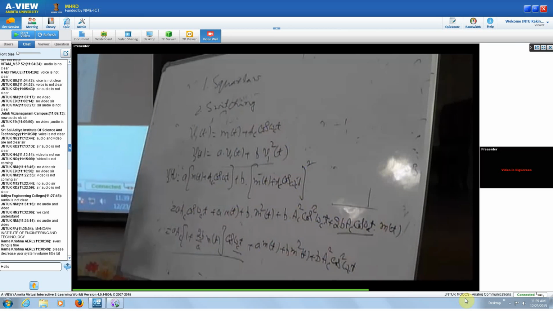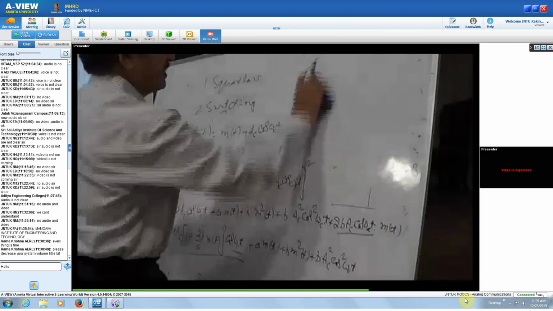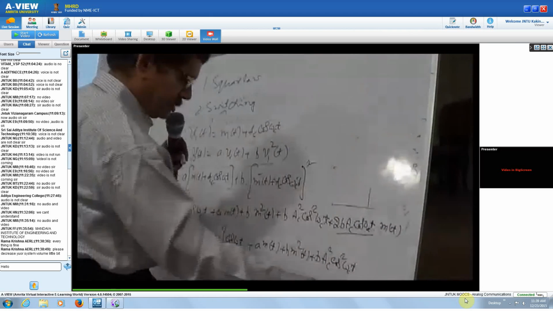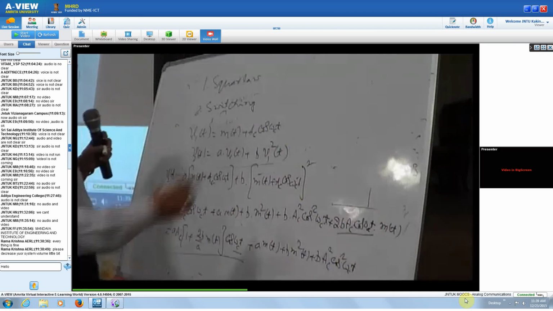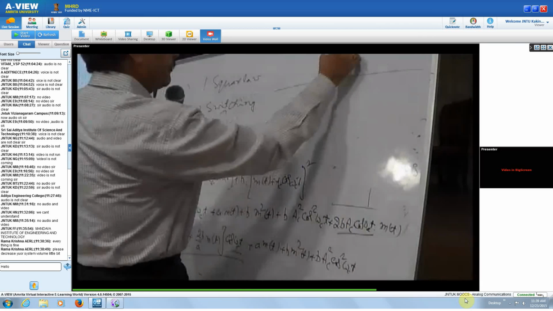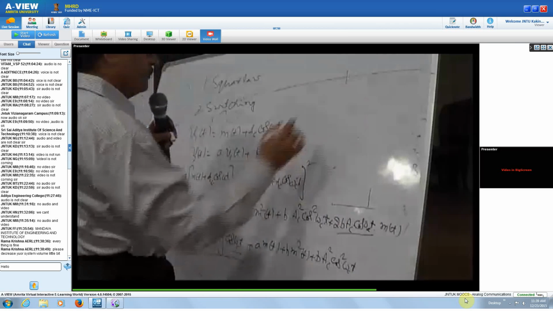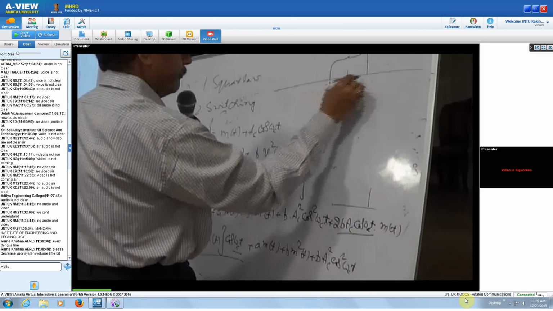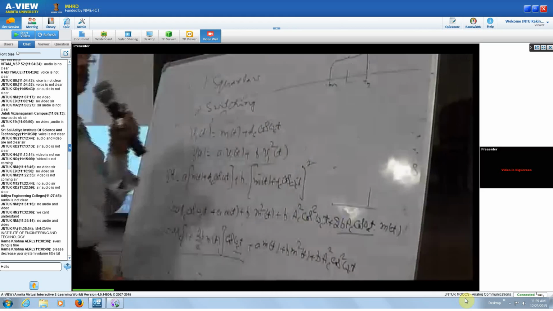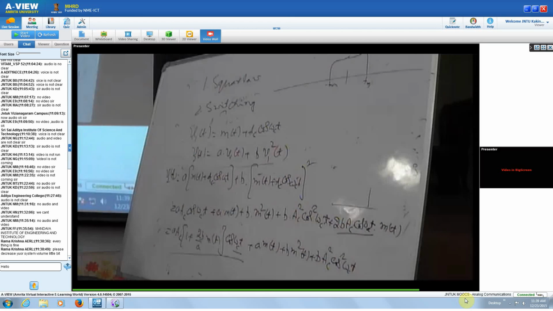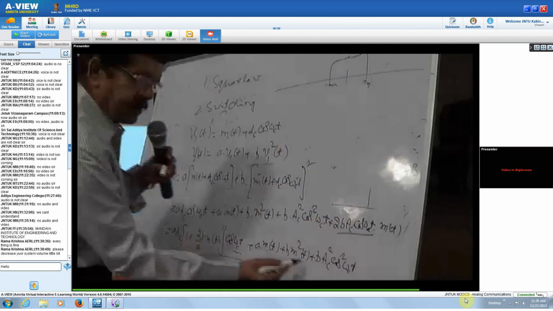If you draw the spectrum of the output before the band pass filter, that is V2(f), it will be as follows. This is a m(t), the baseband signal, plus b m squared(t).